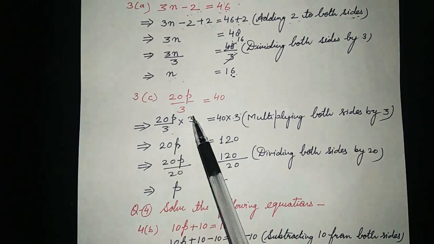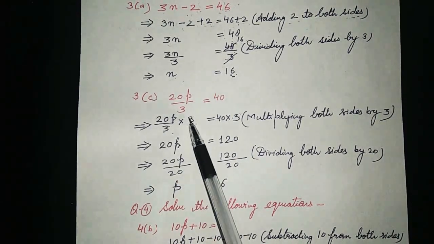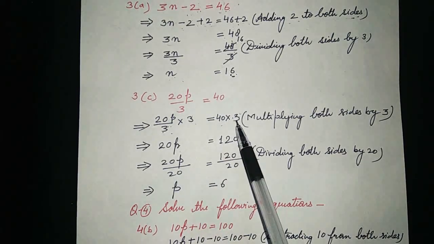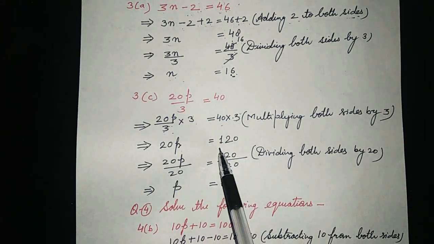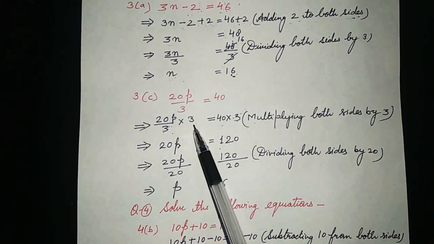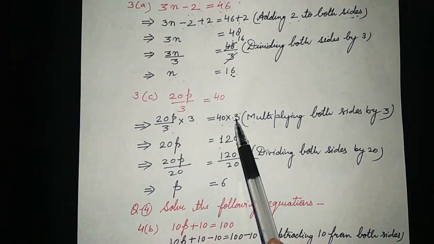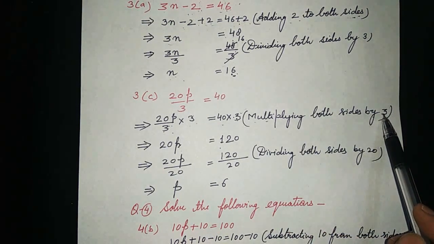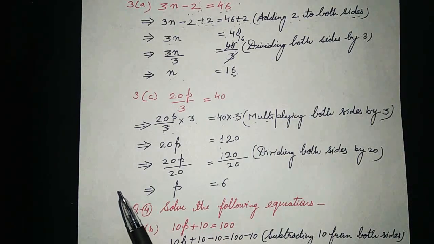So 3 cancels with 3, 3 cancels with 3. What is coming? 20p into 1, 20p only. And 40 times 3 is 120. And in the bracket, we will write the step. What we have done? We have multiplied both the sides by 3. So here we will write multiplying both sides by 3.